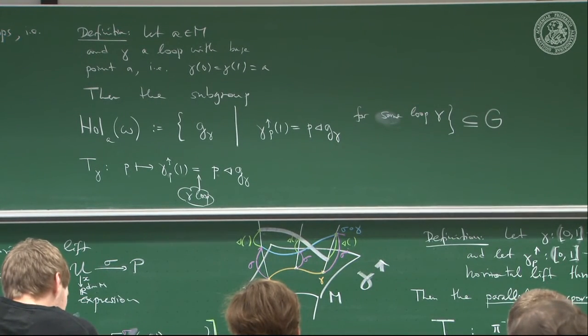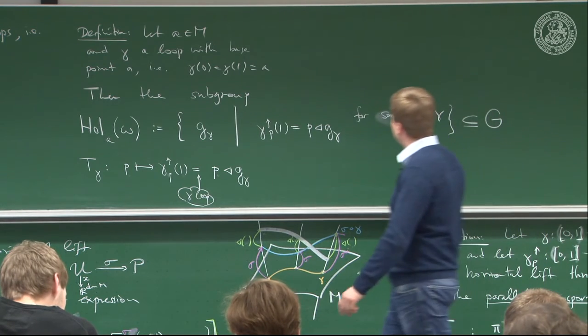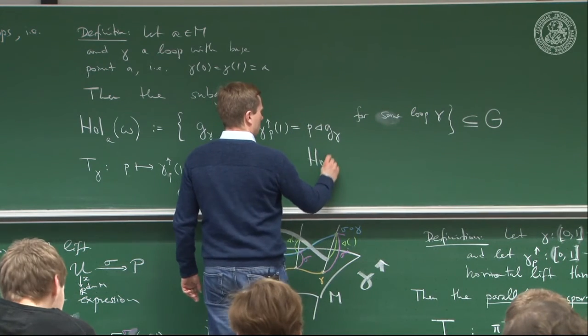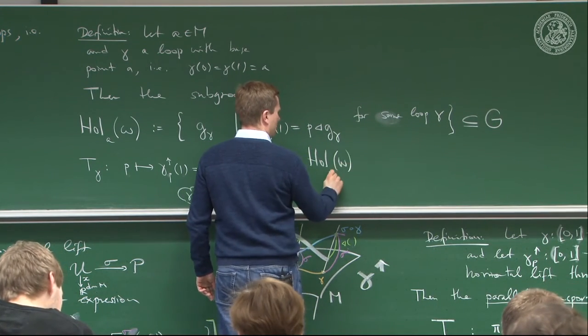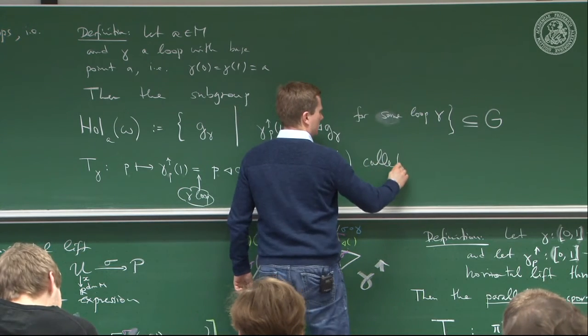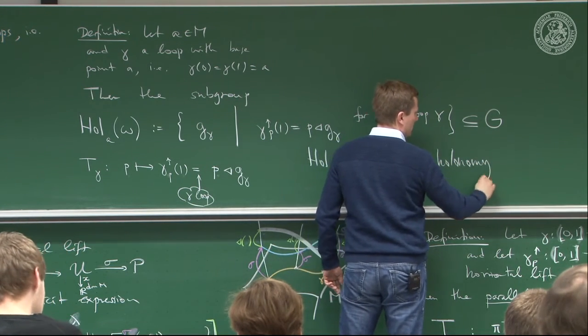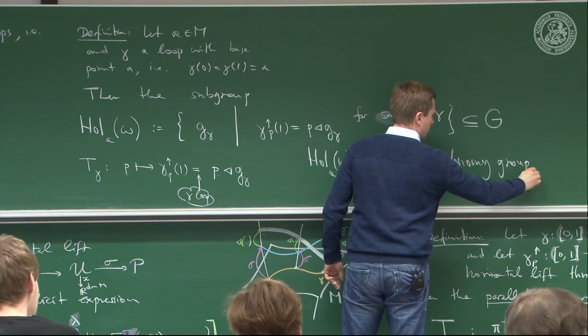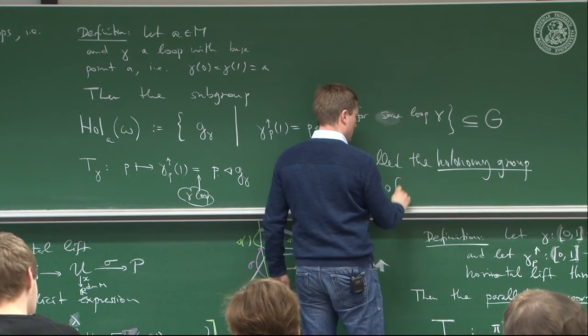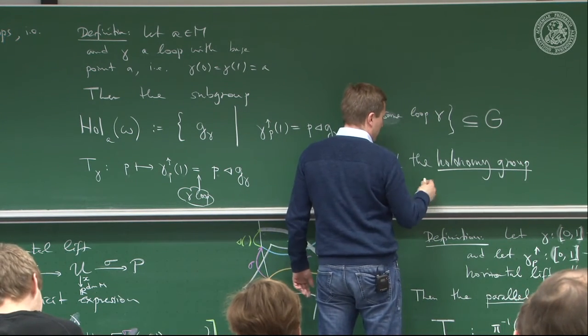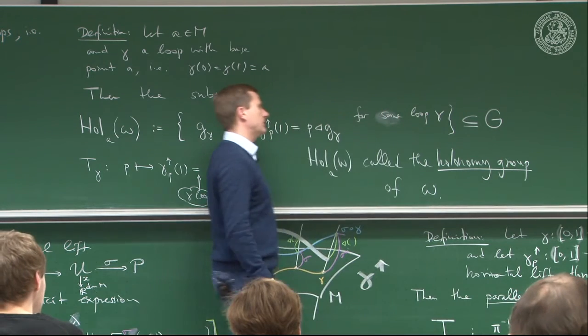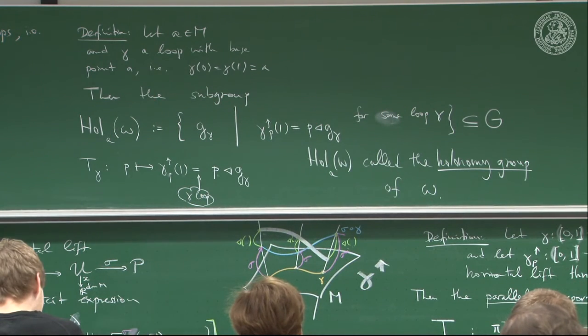of the Lie group we're looking at, and that's called the holonomy group. Hol omega A is called the holonomy group of, well, of the connection one form, or of the connection on that principal bundle.